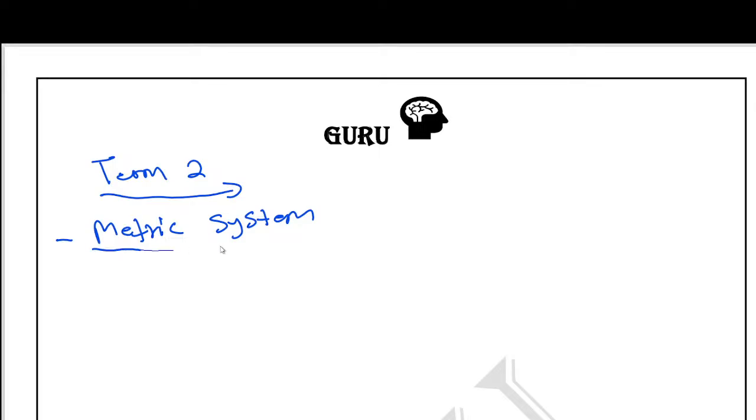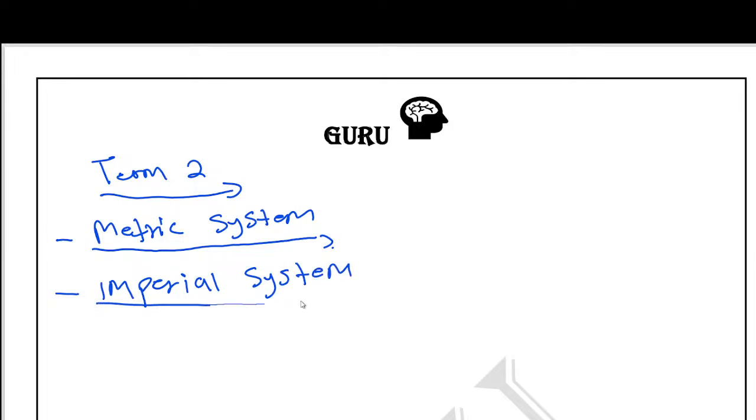I will emphasize which units they use. The other system that we are going to talk about is the imperial system. I want to emphasize the metric system because that's the system we use in South Africa, so you must be familiar with it.